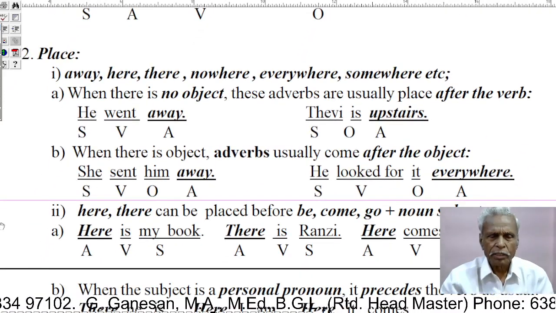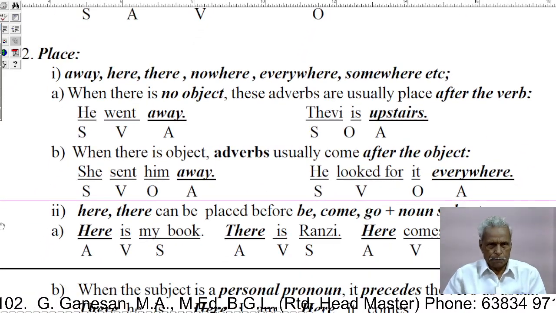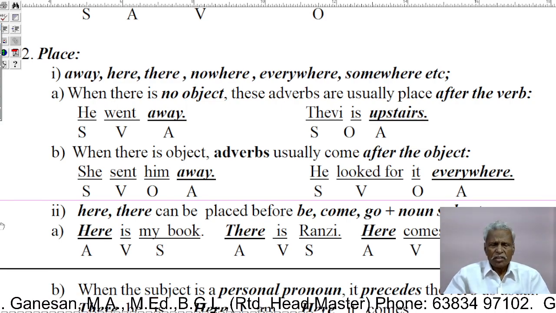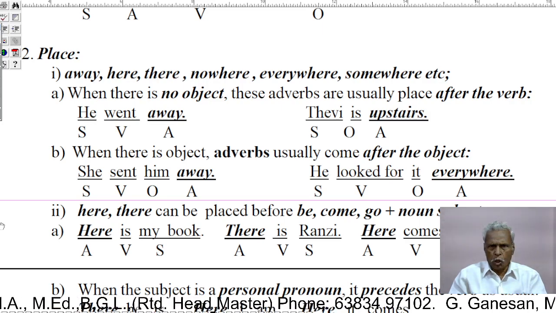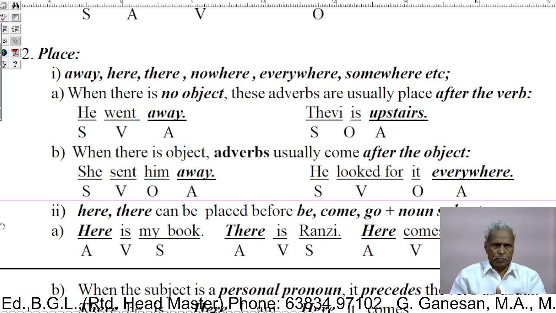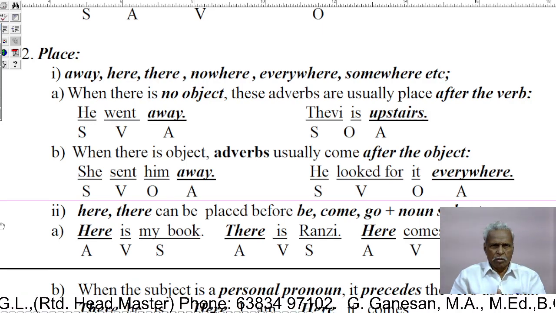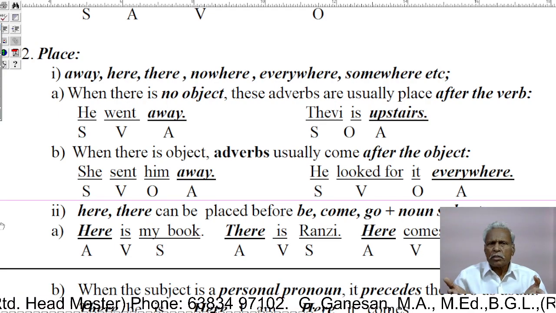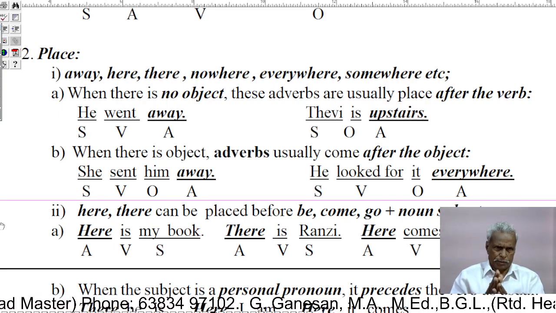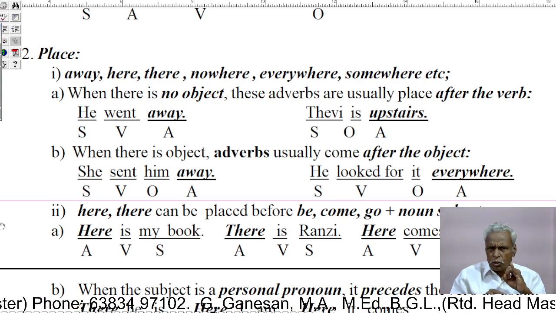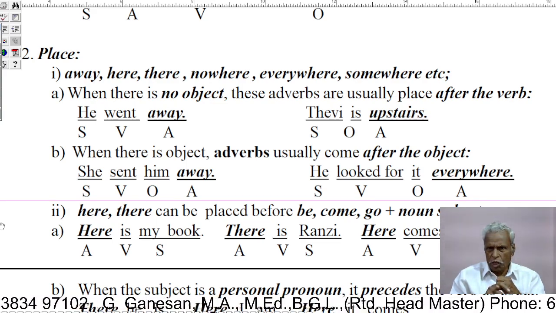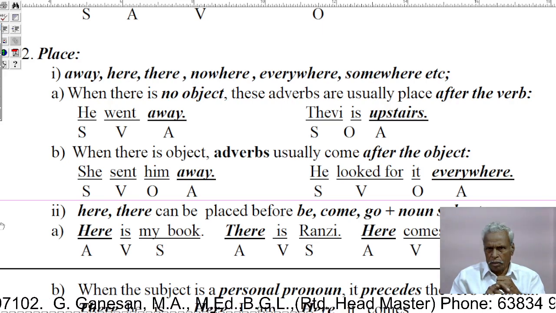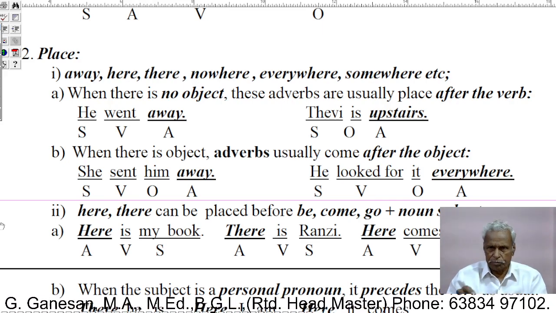Then let us see place: away, here, there, nowhere, everywhere, somewhere, etc. I use them as they refer to place. When there is no object, these adverbs are usually placed after the verb.